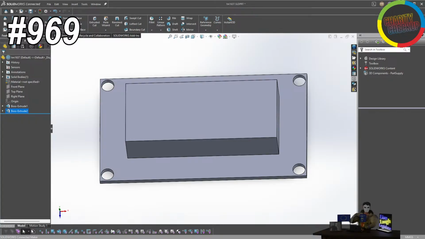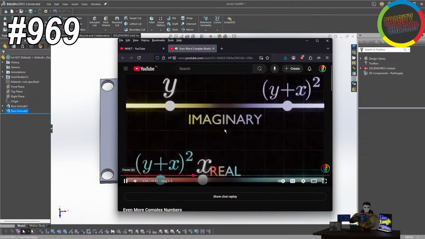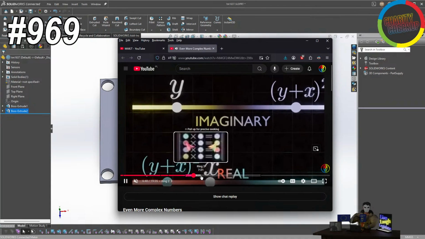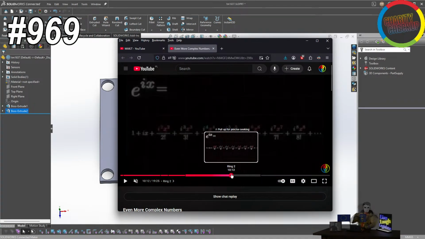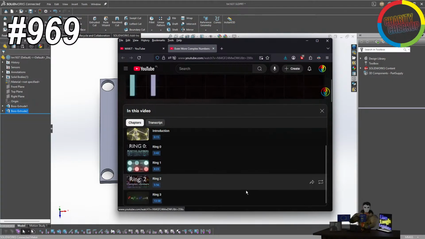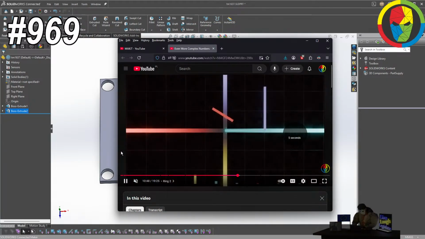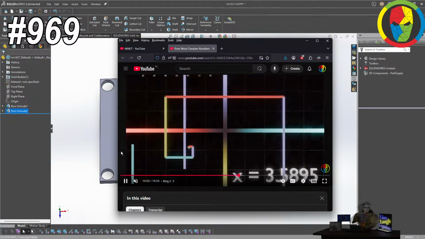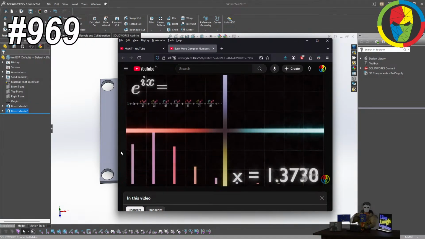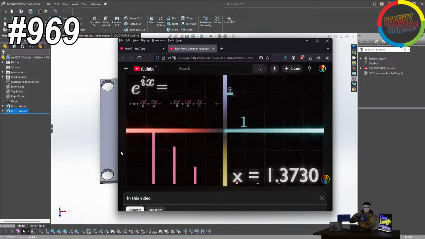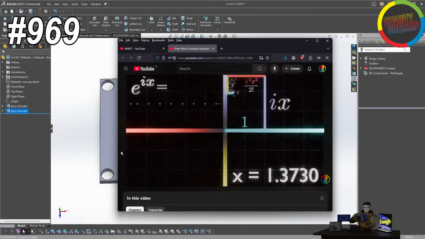If only someone had made a video about complex numbers where they explain how e to the ix is equal to cosine x plus i sine x. Yeah, I mean, this is the best explanation I have ever landed on. Maybe there is something better, but I will be brutally honest, I am really satisfied with this one.